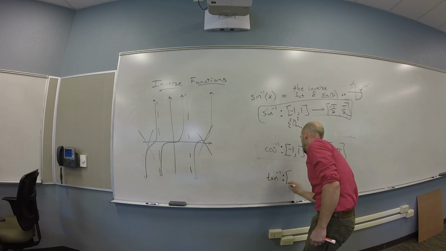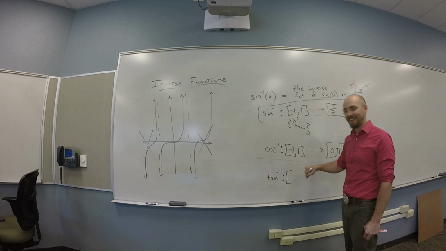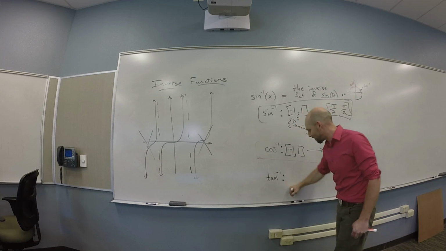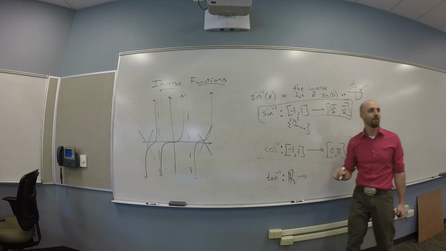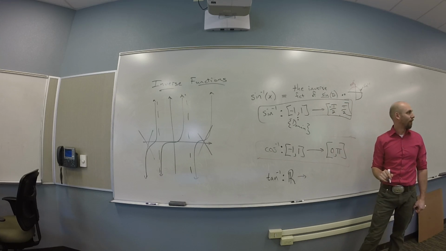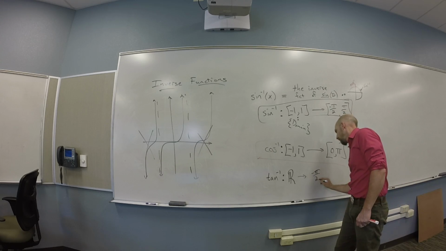It's very nice, right? It takes all of R as input values and turns it into what? Anything between negative pi over 2 and pi over 2, excluding those endpoints.